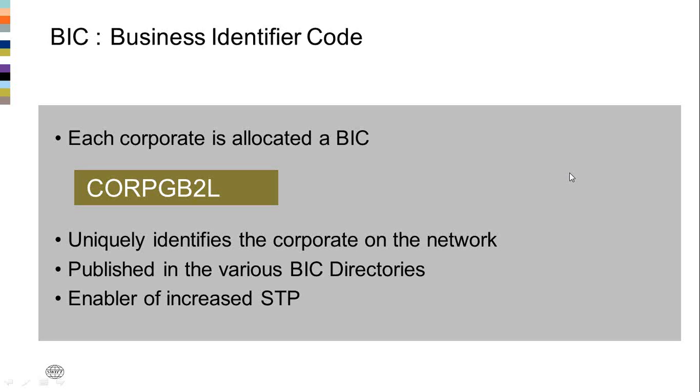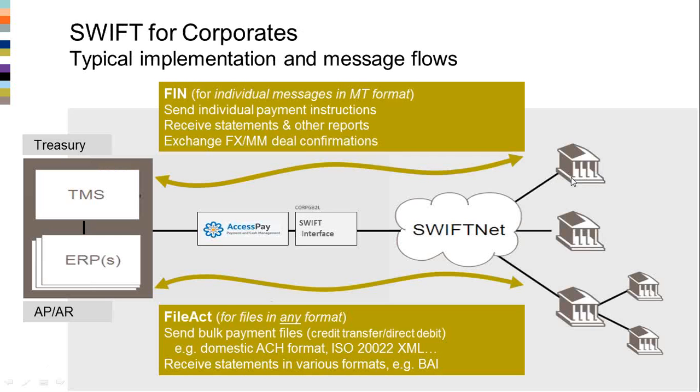So let's then take a look at what a typical system implementation and the typical message flows that we see for a corporate using SWIFT. Very often corporates in their back office will run a number of different systems. Typically in the treasury department they'll run a TMS, or treasury management system. More commonly in accounts payable and accounts receivable, corporates will run maybe one or even a multitude of different ERP systems, and here I'm thinking of things like SAP or Oracle.